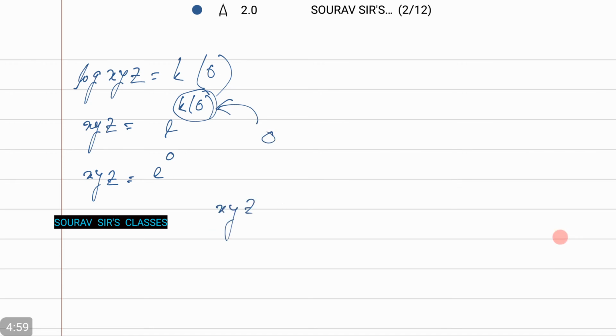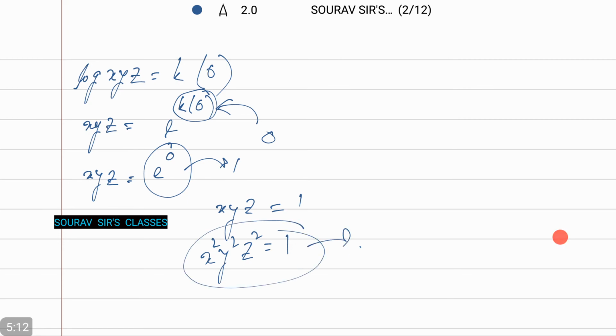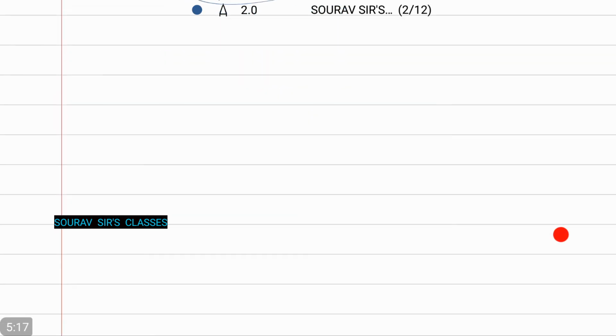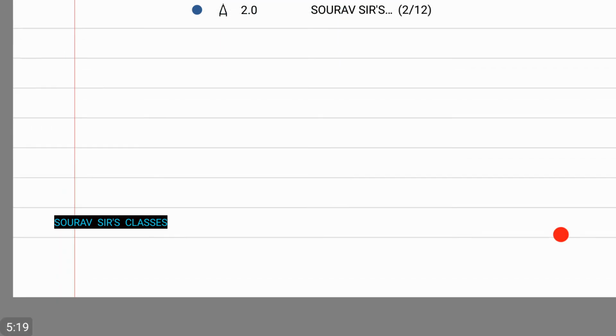So xyz equals 1, since anything to the power of 0 gives us 1, and so x squared, y squared, z squared equals 1, and we are done. Right, now we proceed to the next question.